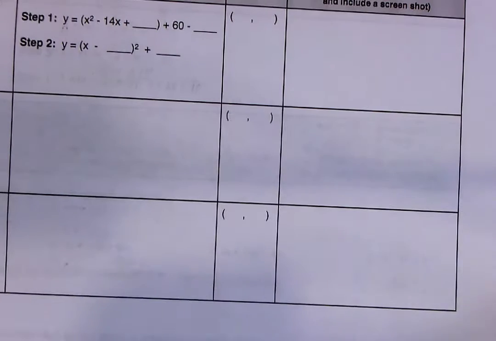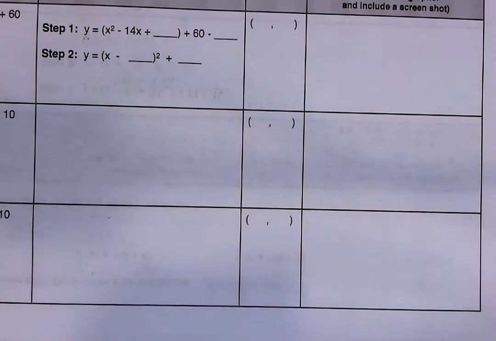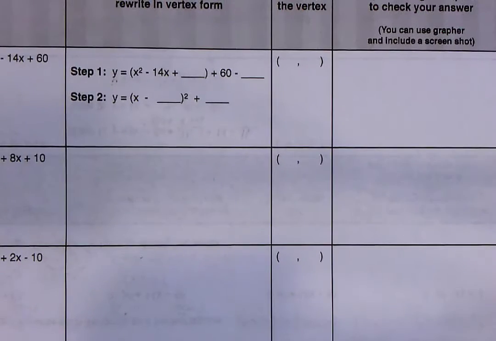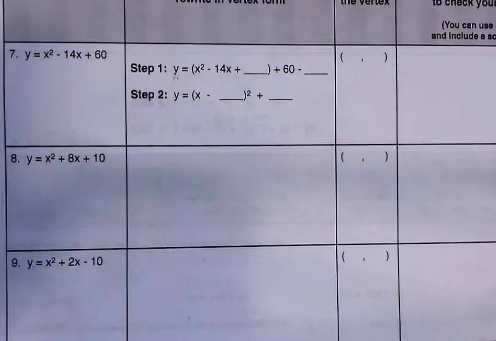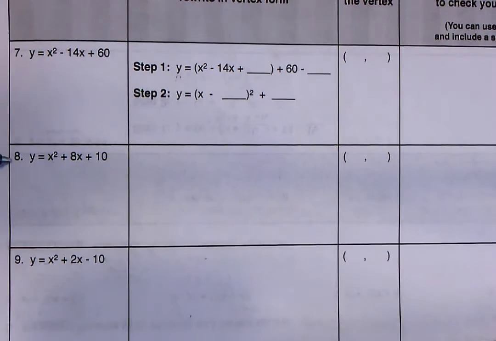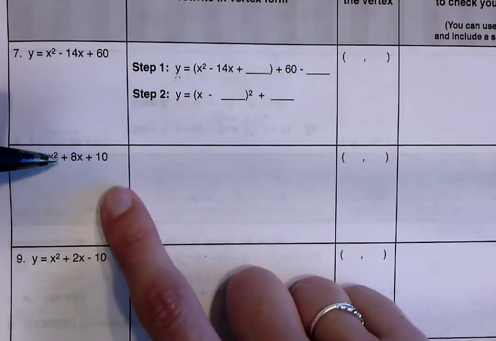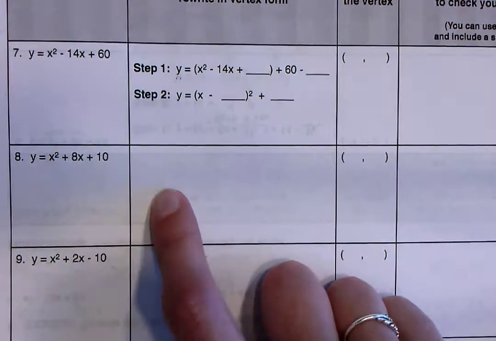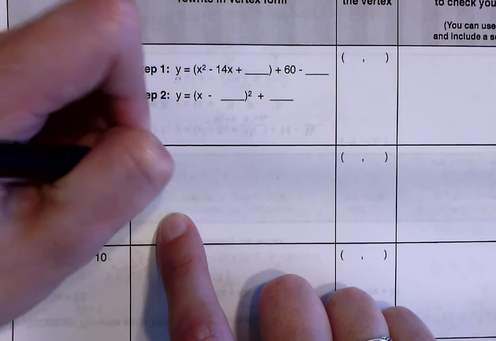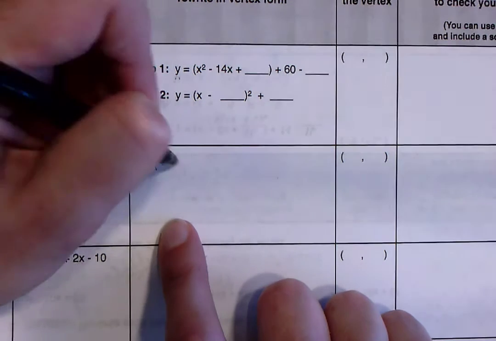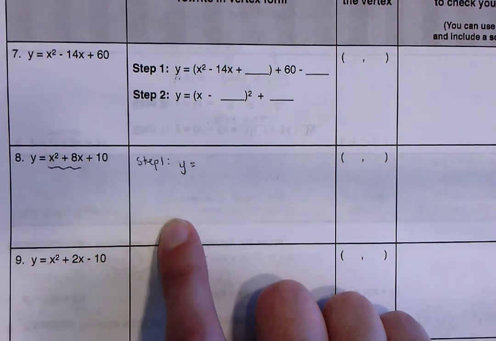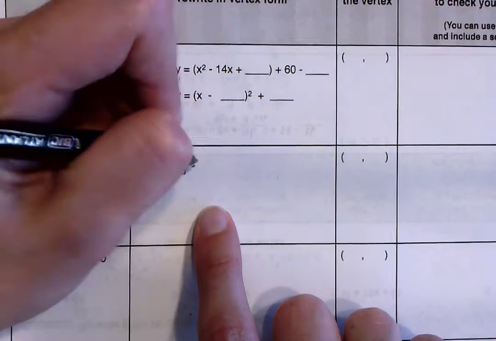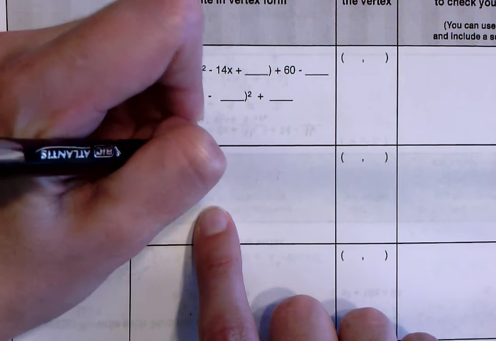I'll do one that does not have the blanks already there for you. Okay, so for this one right here, we're going to do number 8. Okay, so for number 8, we'll rewrite it kind of like they did here. So step 1. Again, think about just the first two terms, x squared and a plus 8x. Those are going to be what's inside the parentheses.